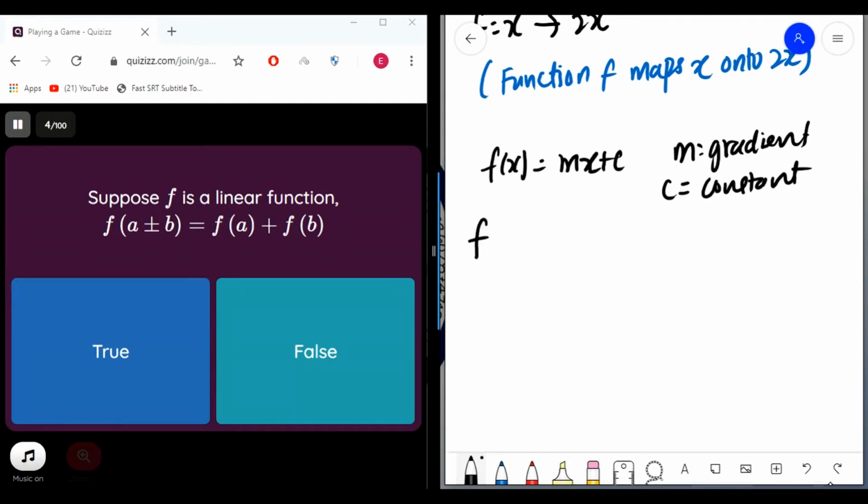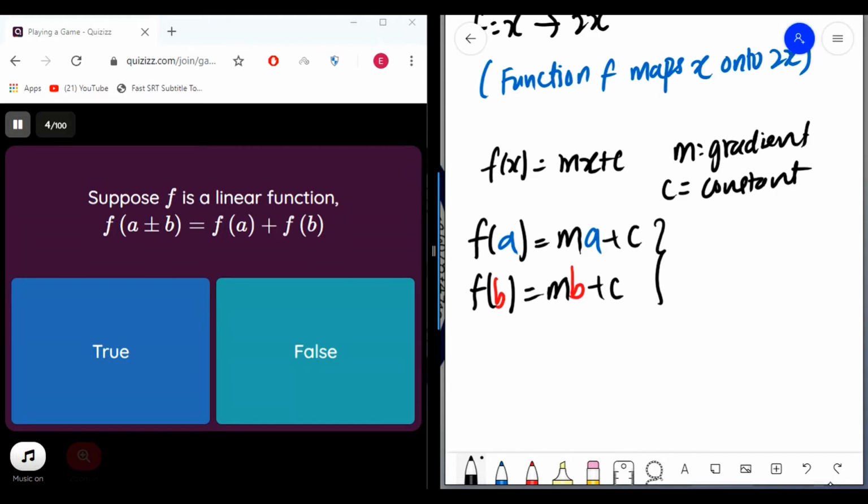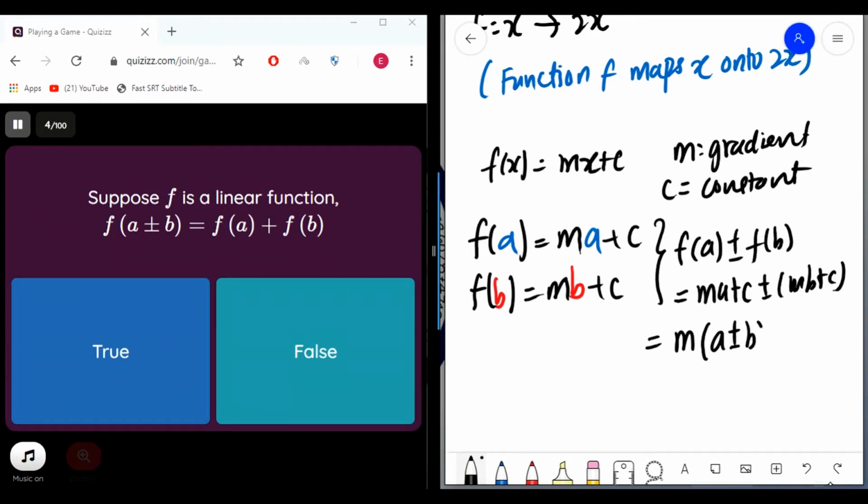Then f(a) will be ma + c, then f(b) will be mb + c. When we add the two of them together, meaning f(a) ± f(b), it will be ma + c ± (mb + c). It means we factor out the m: m(a ± b) + c ± c.